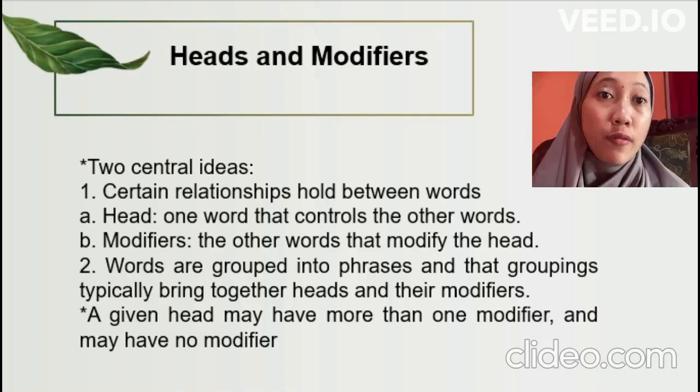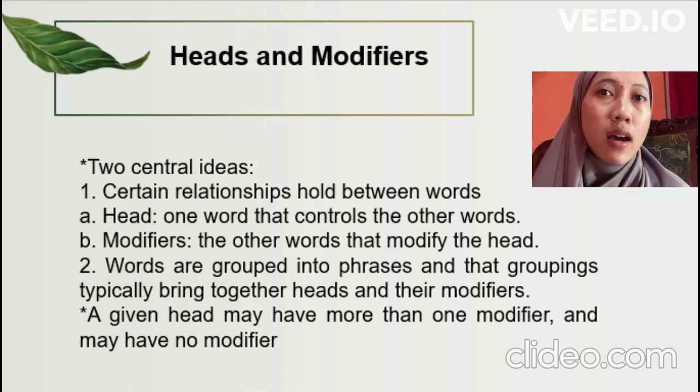Heads and modifiers. Two central ideas. One, certain relationships hold between words: A, head, one word that controls the other words; B, modifier, the other words that modify the head.